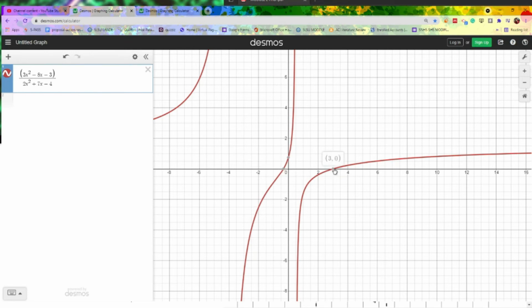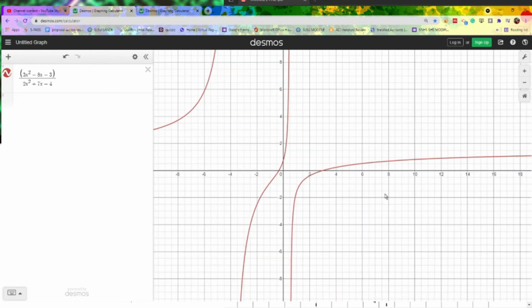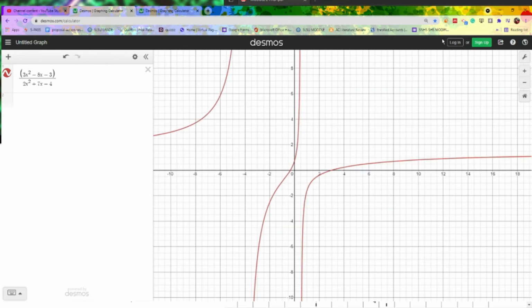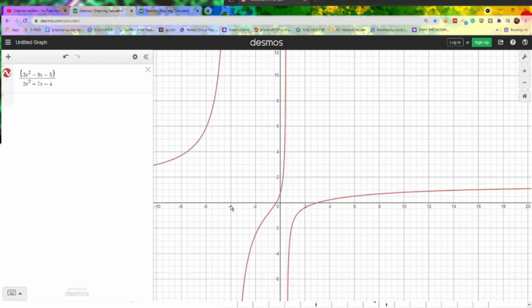Then the vertical asymptote is negative 4. We cannot see the broken lines here, but if you explore this graph and move down, it will never touch negative 4.